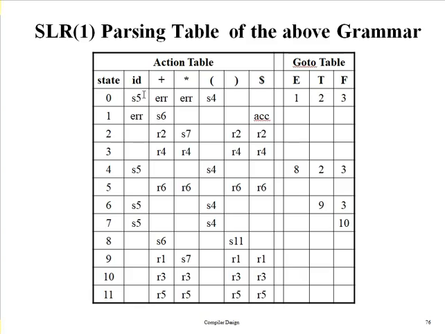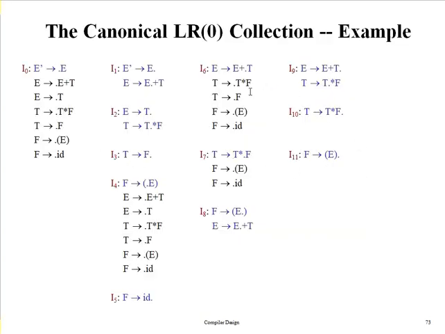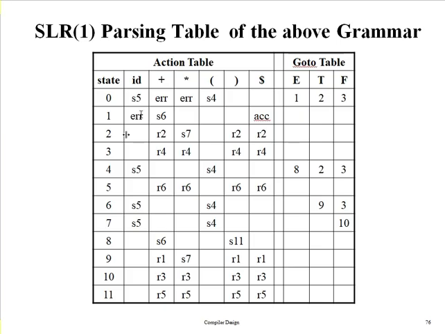Once we have created the set of states or items, we should structure the parsing table as a two-dimensional structure having 12 rows.